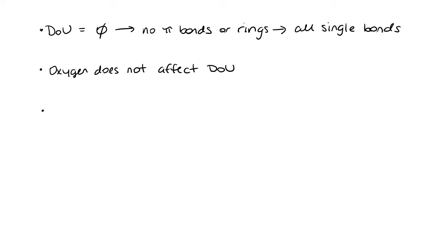And finally, if you have a degree of unsaturation equal to 4 or more, plus you have a molecular formula that has 6 or more carbons, all of your structures will incorporate a benzene ring.